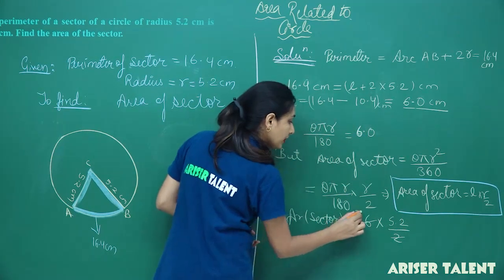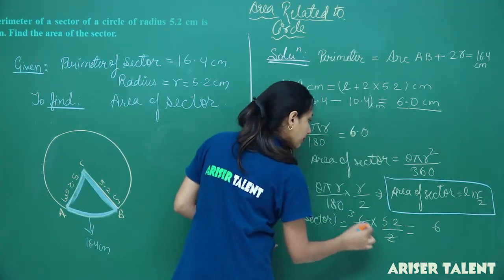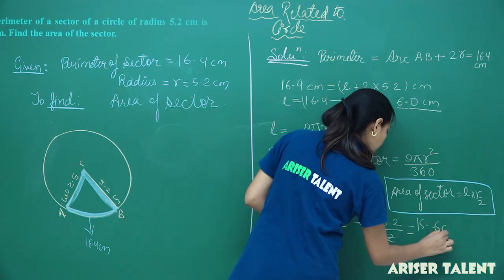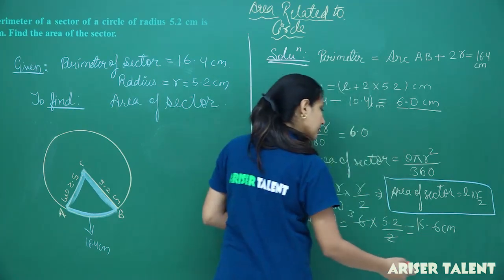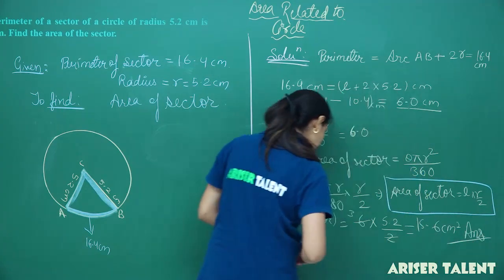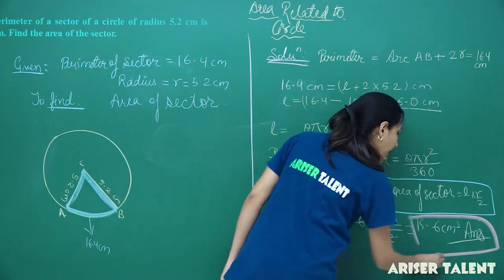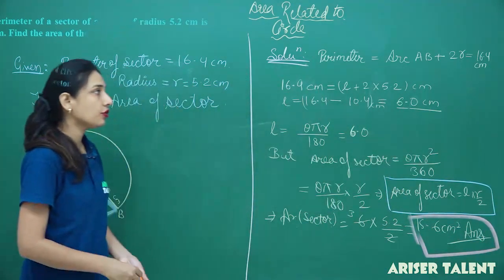It will cut by 3. So 6 here, 2.6 here, so 15.6. This is area, so it will be centimeter square, and that will be your answer. So 15.6 centimeter square is your answer.